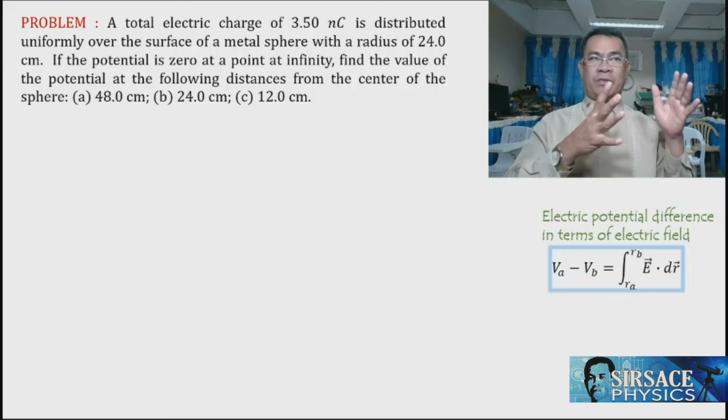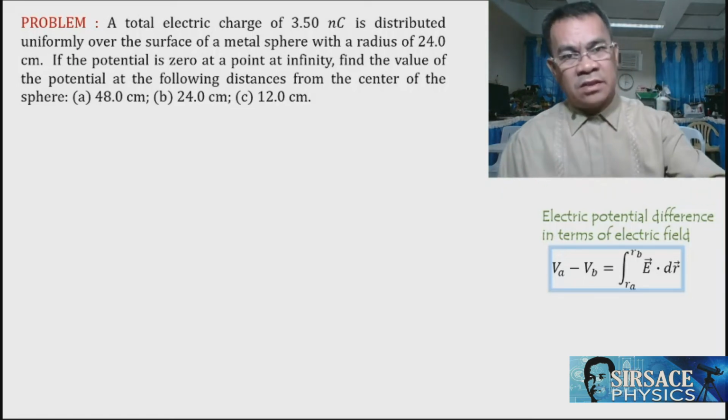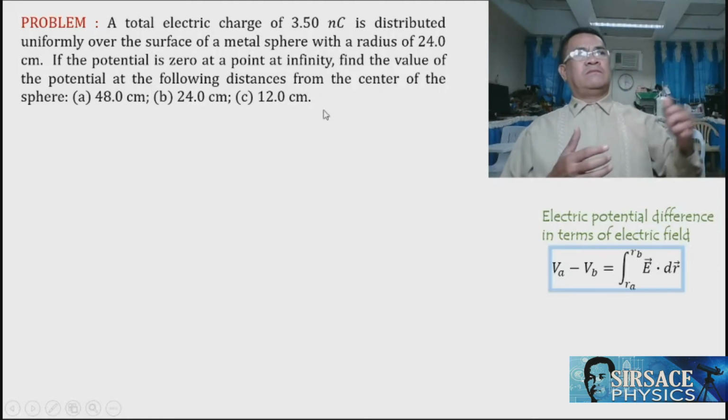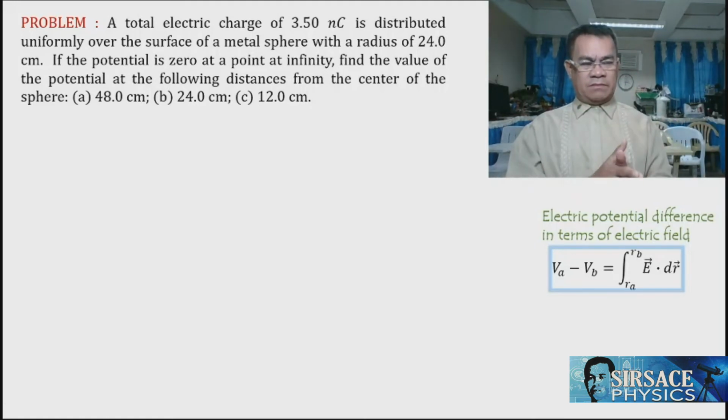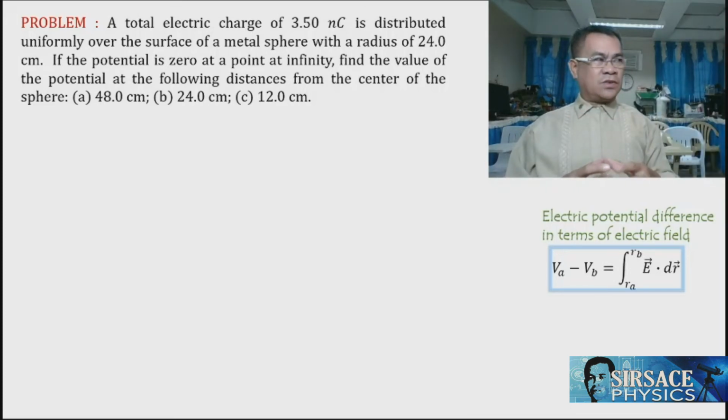Okay, but the electric potential inside is the same as the surface. Okay, so if the electric potential is 0 at the point of infinity, which means that from that source to infinity, the electric potential is 0.